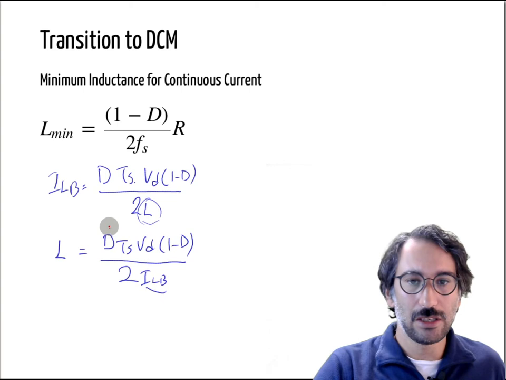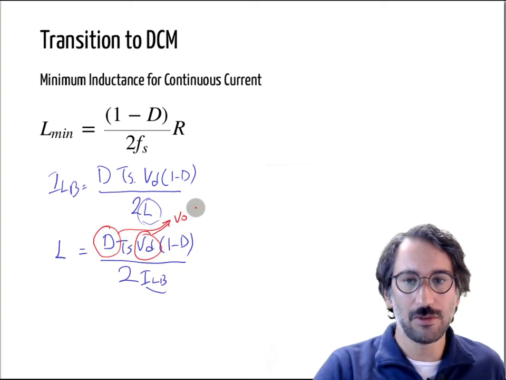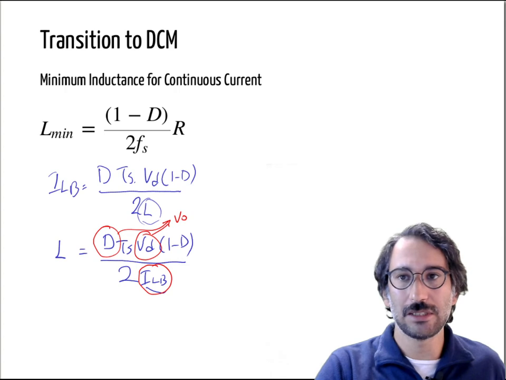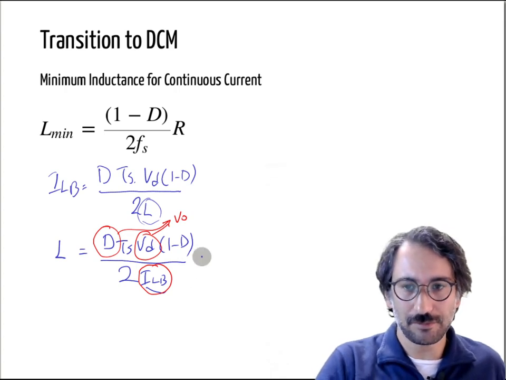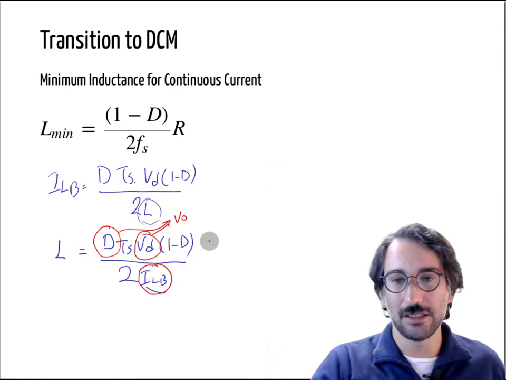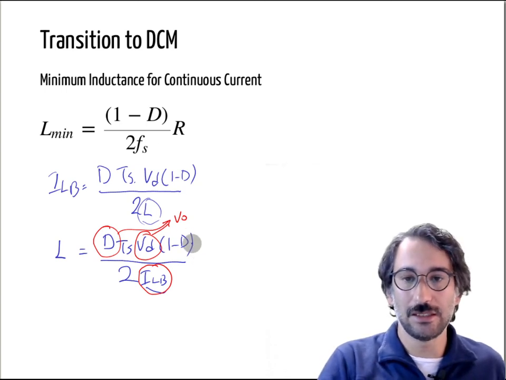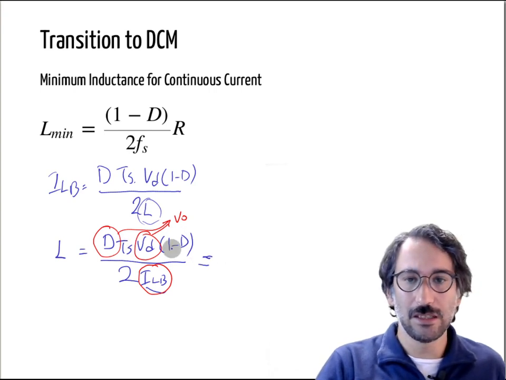Here, D times VD is equal to VO. If you divide VO by ILB, remember ILB was the average inductor current, which is equal to the load current because in the steady state there is no net energy storage in one cycle. So I can write that as V divided by R, the load resistance.